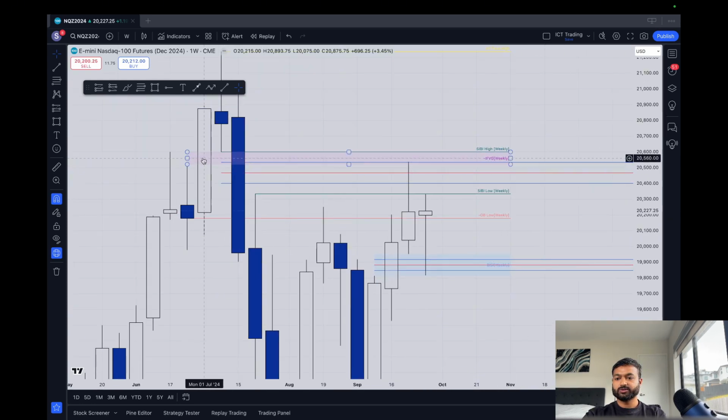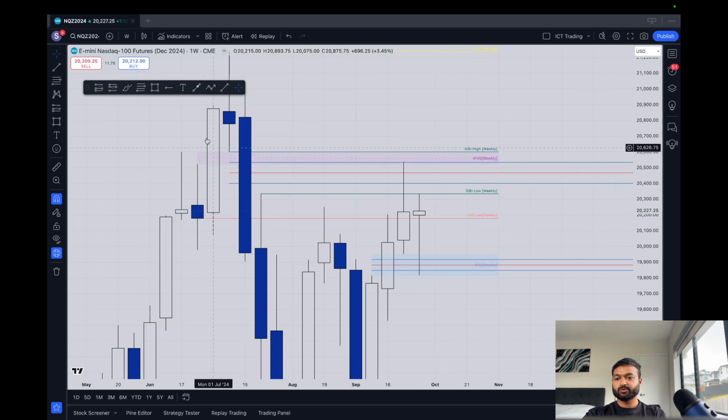But I have my inverse IFVG. That is a bearish IFVG because it went up and then down. So that created a SIBI high and a SIBI low. And then we got our quadrants marked because this is such a wide SIBI that we have to have each level. So we got the lower quadrant, consequent encroachment, and then the upper quadrant.